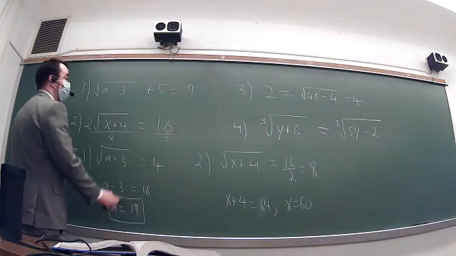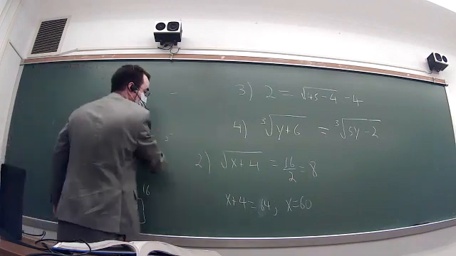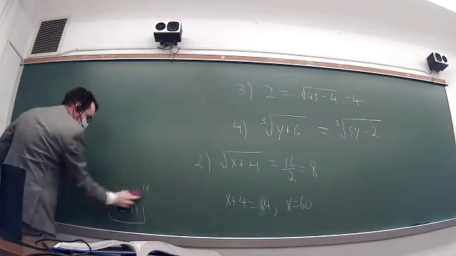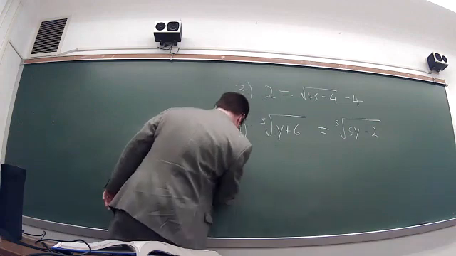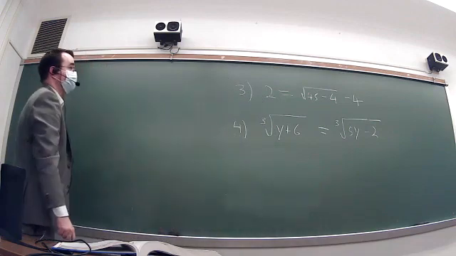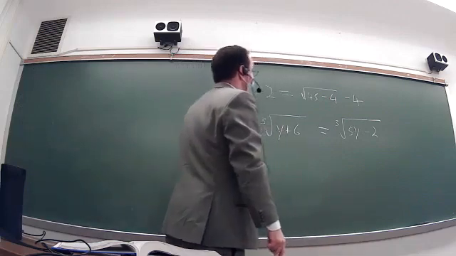So let's look at the third one. Now I've got 2 equals root 4s minus 4, minus 4.